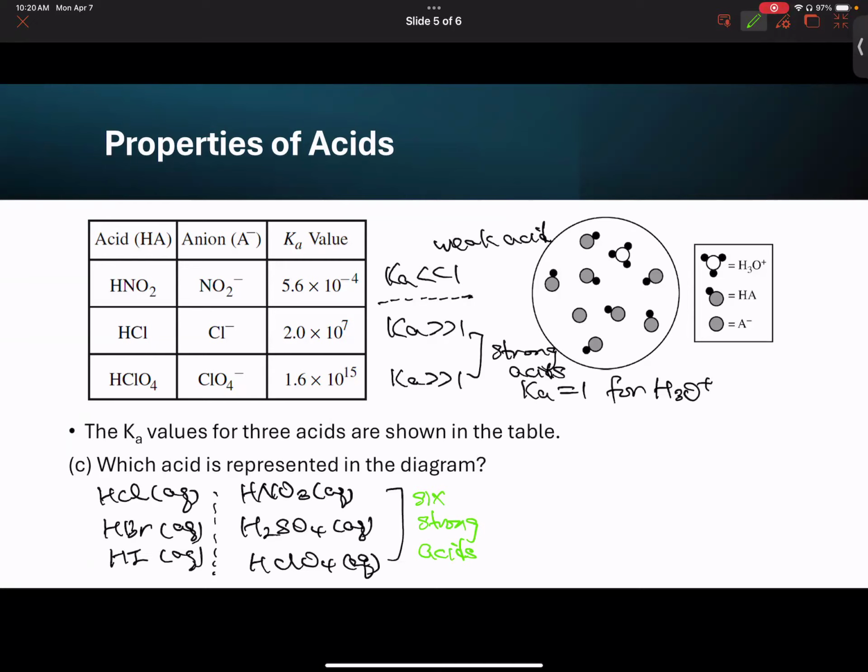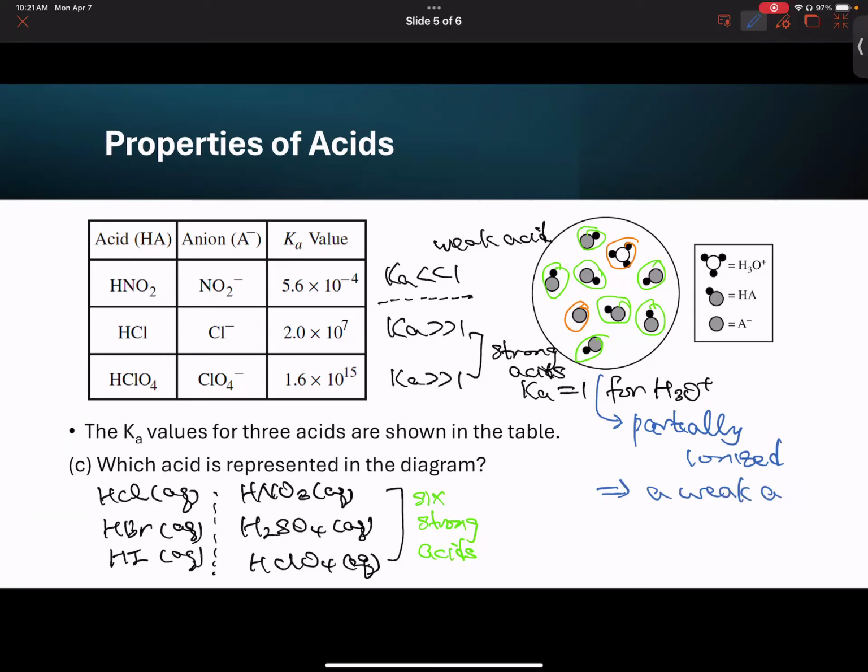Here now a snapshot, a diagram representing this acid is shown. And here the majority of the acids are intact HA molecules as they are. Only a small number of these acids are ionized, meaning it is partially ionized, which is a weak acid.